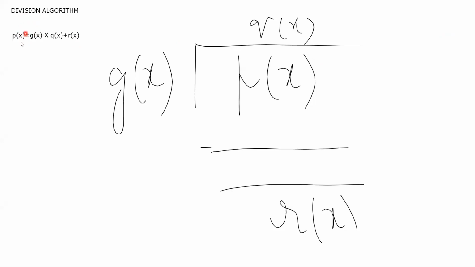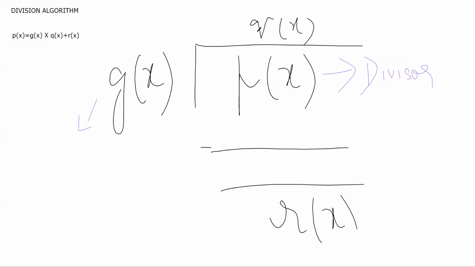Division algorithm is P of x equals G of x into Q of x plus R of x. This is only division algorithm. So if you see, what is P of x over here? P of x is the dividend.